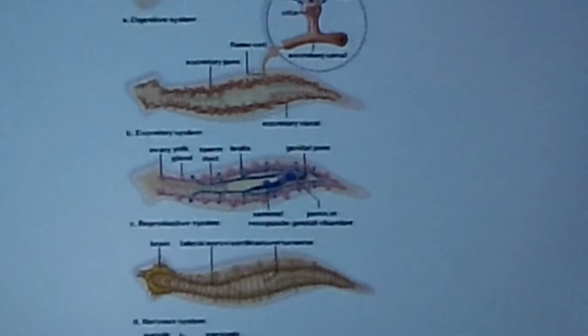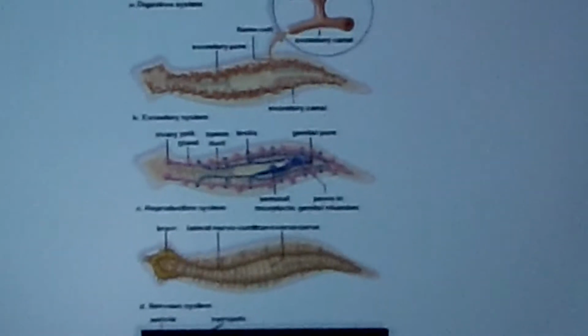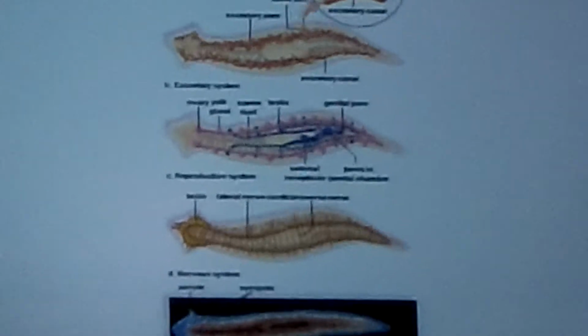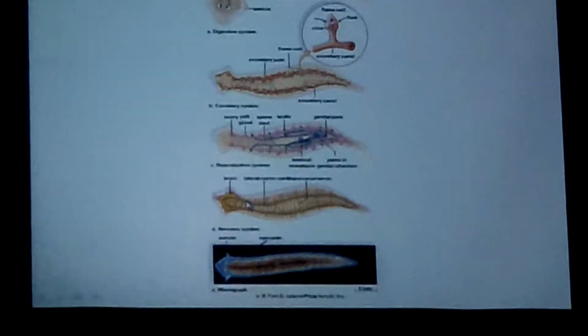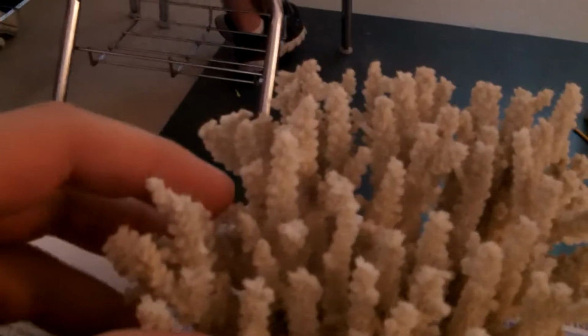A flatworm is the simplest animal that evolved a nervous system. And you can see this thing actually has eyes that take in information. And it shows its nerves going down its side. It actually has a brain. Jellyfish, and sea anemones, and corals, and sponges, they don't have brains.